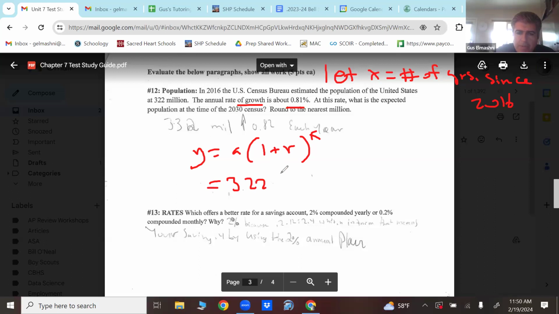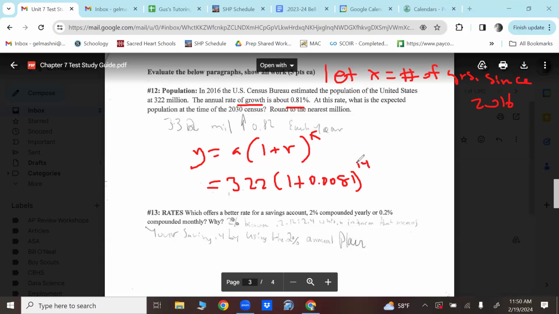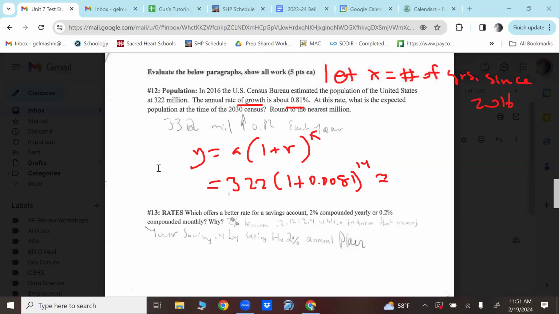Be careful there. 1 plus 0.81, because you have to divide the percent by 100, so it becomes 0.0081 raised to the 14th power. And you work that out. That's just using a calculator at that point.